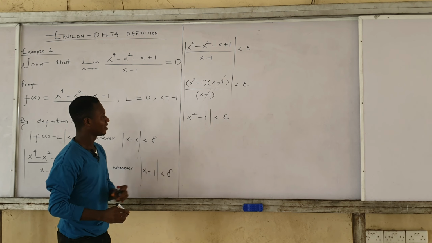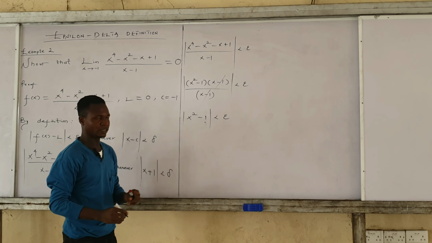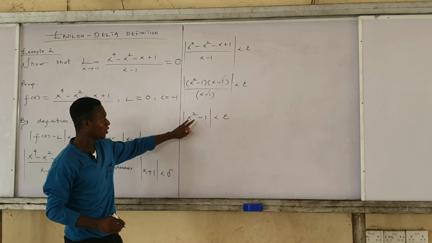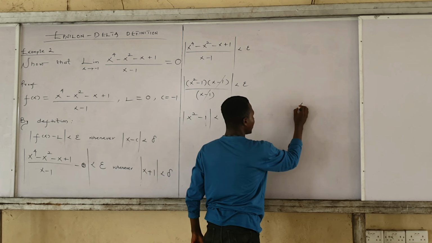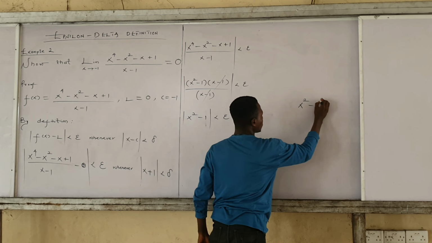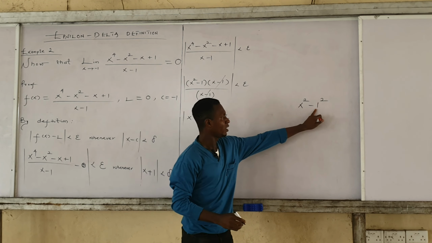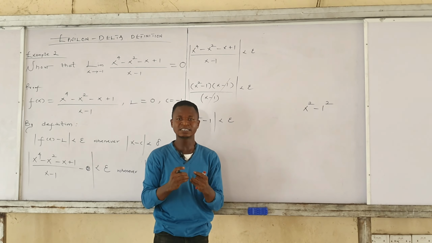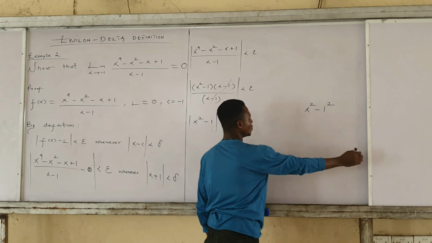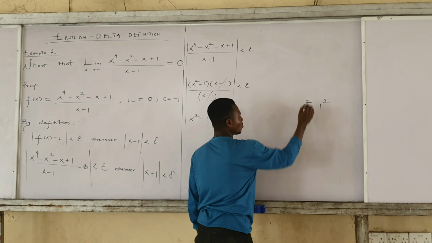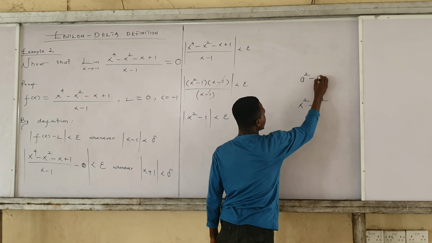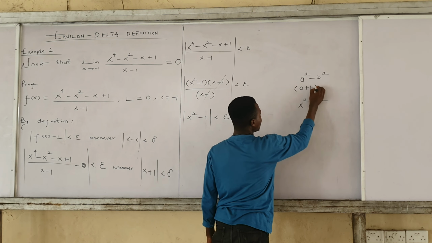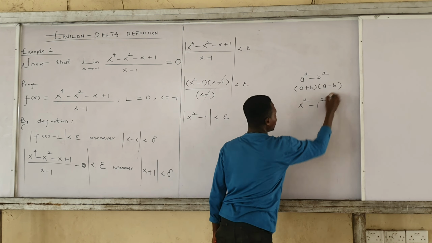Now take note that we have here to be given by minus 1. Since we are having here minus 1, which is actually 1, we can also express this result as x squared minus 1 raised to the power of 2, because 1 raised to the power of 2 is also the same thing as 1. Now, applying the difference of two squares, if we have a squared minus b squared, it is the same thing as (a plus b)(a minus b).